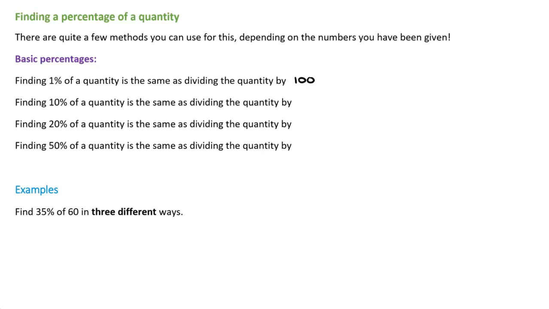So you could divide a quantity by 10 to quickly mentally figure out what 10% of something is. 20% of something is 1/5, so we could divide something by 5 to figure out how big 1/5 of it would be. And 50% of a quantity, that's the same as dividing something by 2. So they might be some percentages that you're relatively familiar with, and we can use nice mental strategies there.